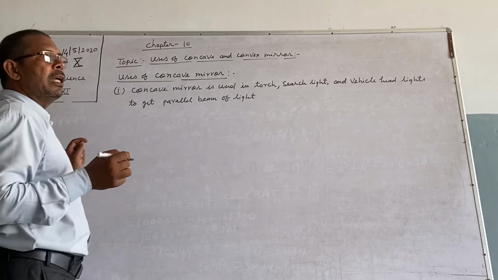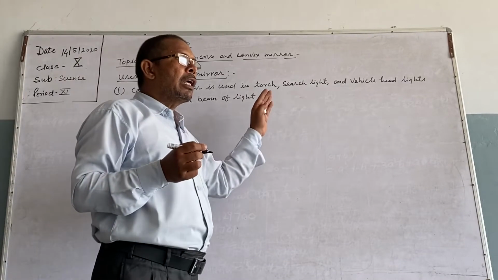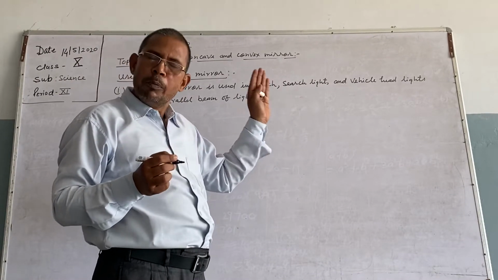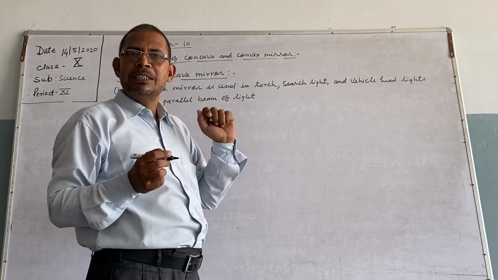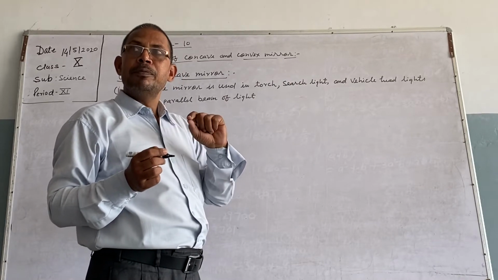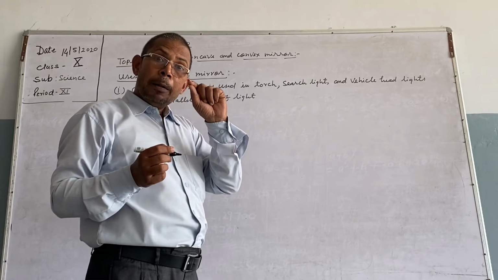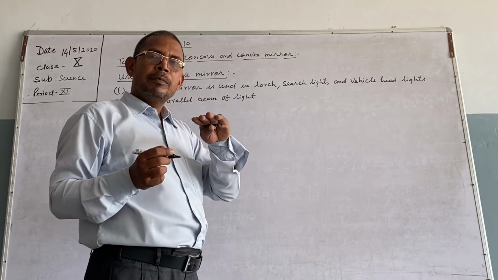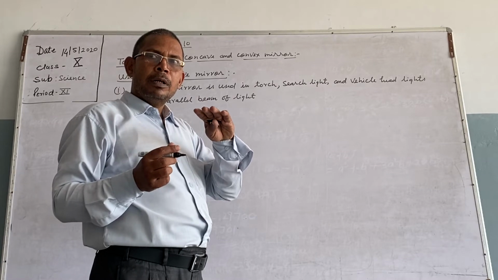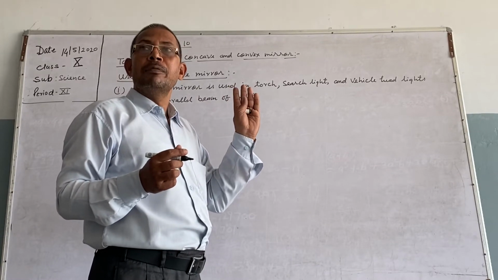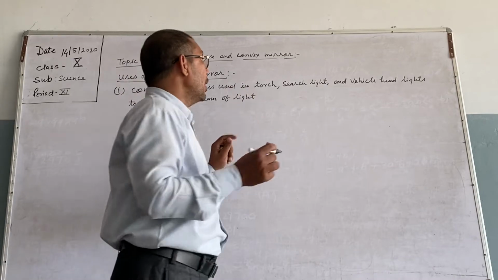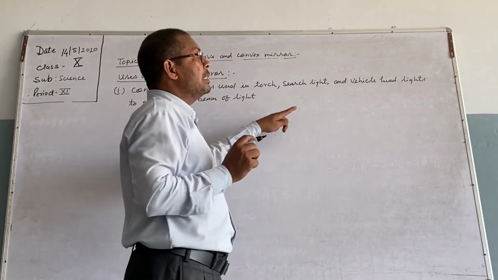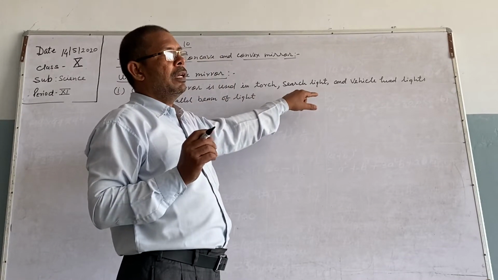In what condition? Concave mirror produces parallel beam of light if you remember your topic, that is formation of image by concave mirror, that is when object is kept at focus, right?